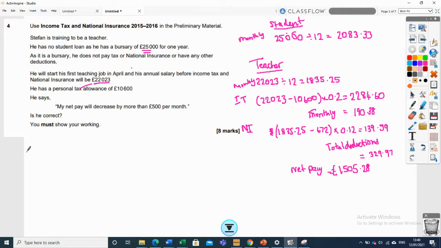So let's go back to the question. He says my net pay will decrease by more than £500 per month. Is he correct? So here he got 2083 when he was a student. And now as a teacher he gets £1,505.28.